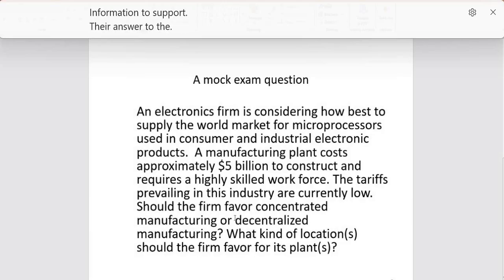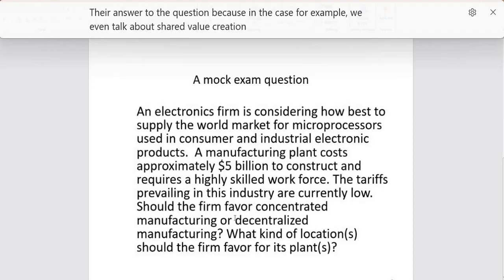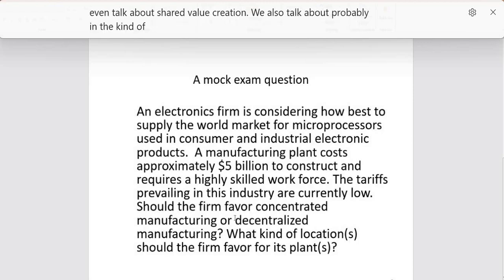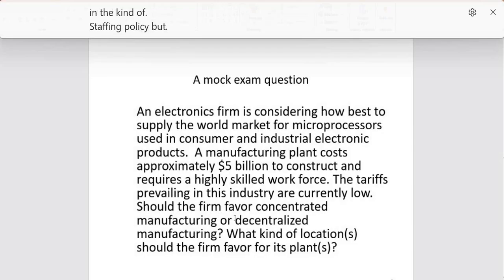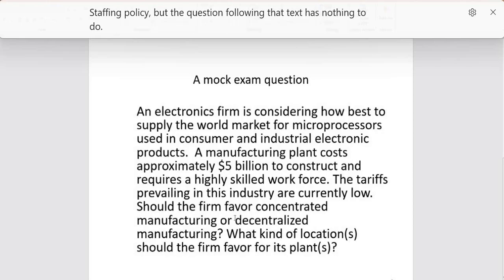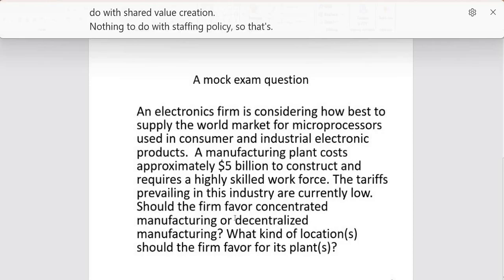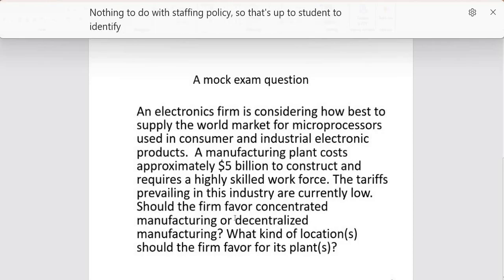In the case, for example, we even talk about shared value creation and staffing policy, but the question following that text has nothing to do with shared value creation or staffing policy. So it's up to students to identify the information that can support their answer.